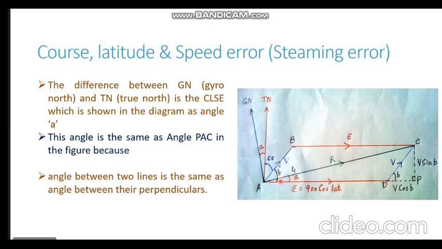Now this angle delta alpha Charlie can also be represented as angle Papa alpha Charlie. So angle PAC is equal to our CLSE. If we find this angle, the CLSE is known.